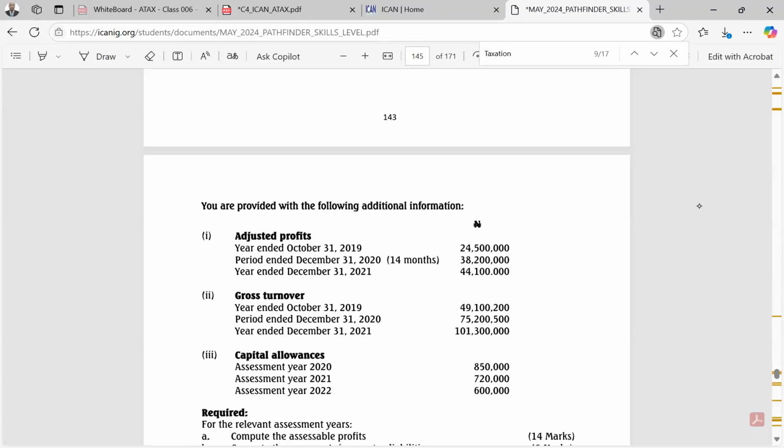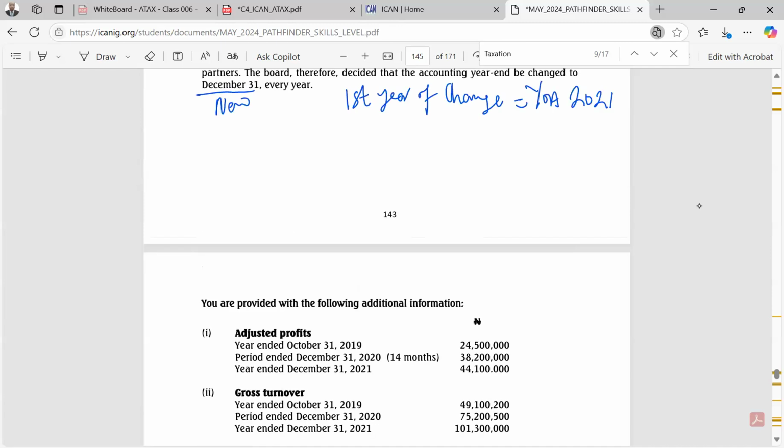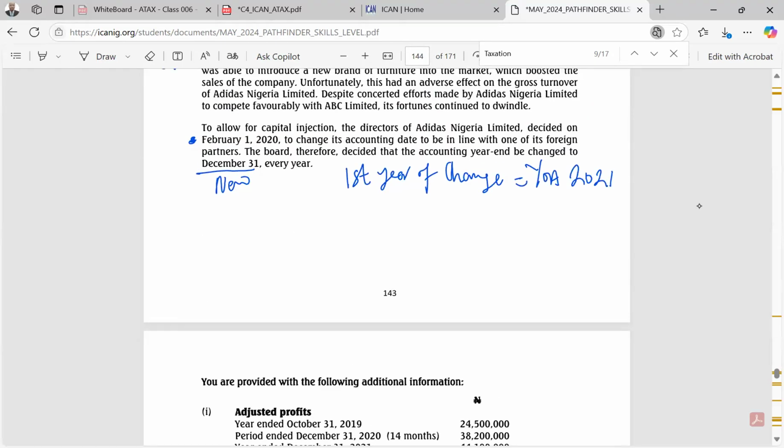Year ended. Look at the gross turnover. Now this gross turnover is for the purpose of ascertaining whether they are going to pay tax or not. Look at the capital allowance: 2020, 2021, 2022.